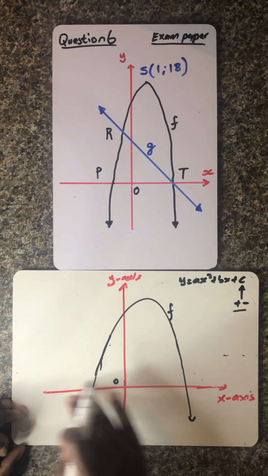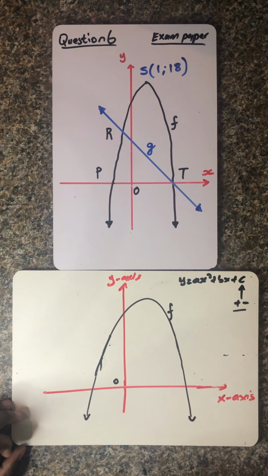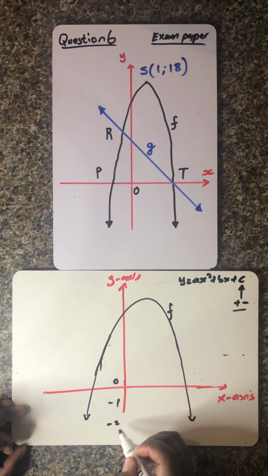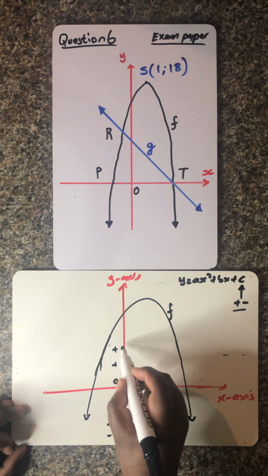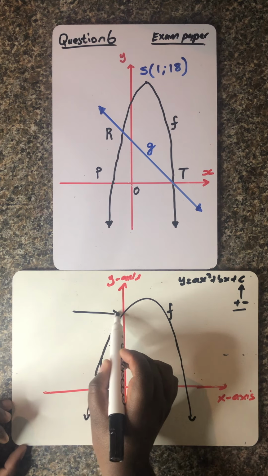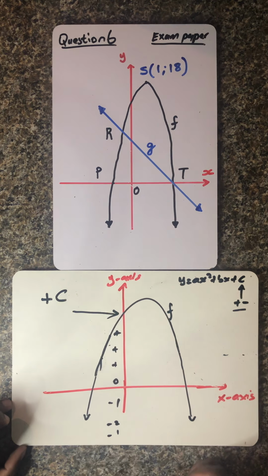Remember, the x-axis separates the positive and the negative side. On this side you might have -1, -2, negative whatever. On this side it's obviously positive values, isn't it? So that point over there should be a positive c value.